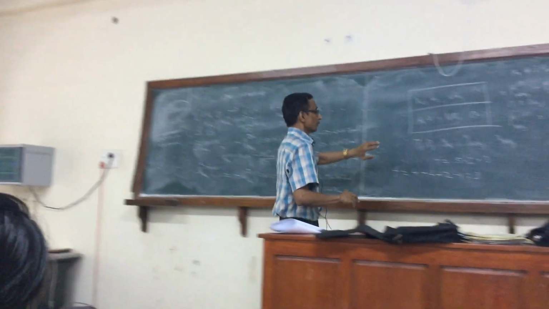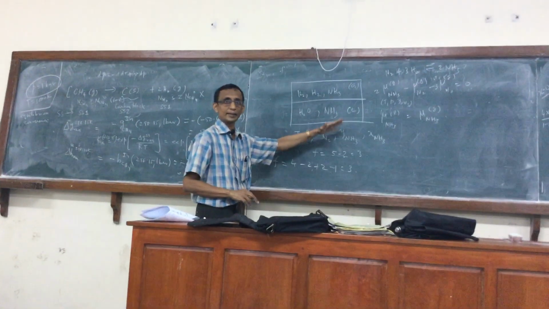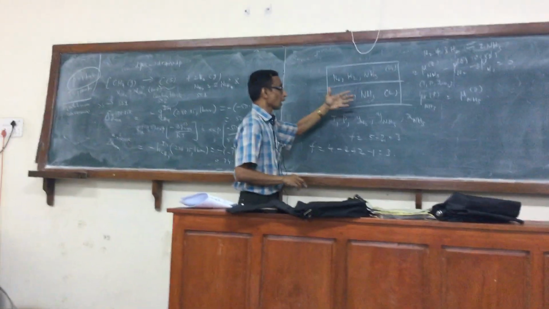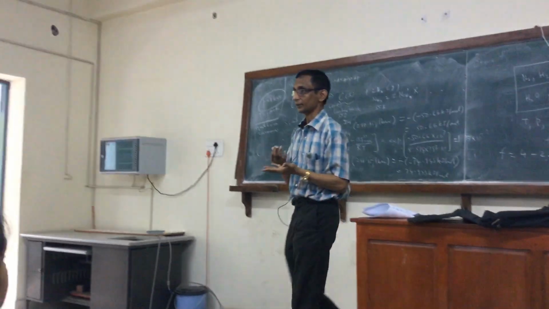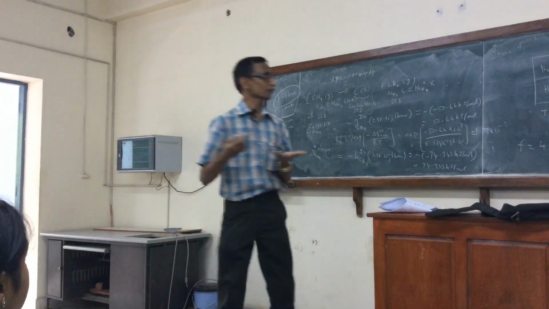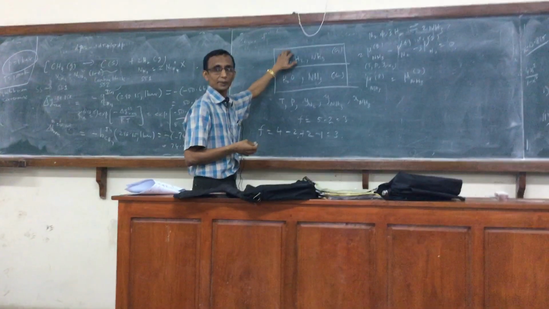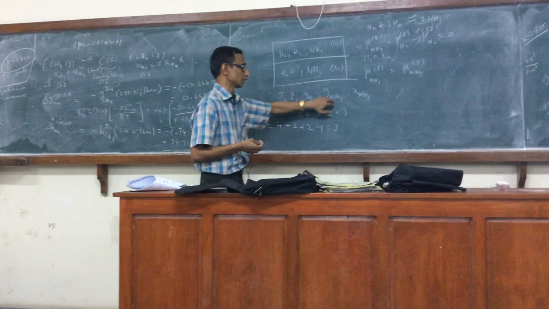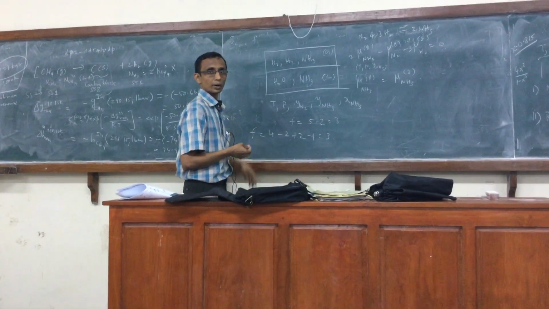But again, when you look at the way he solves the problem, what is it that we have to find in this? We have to find finally the composition of both the mixtures at equilibrium. So I have to find not only y_NH3 but also x_NH3 and y_N2.